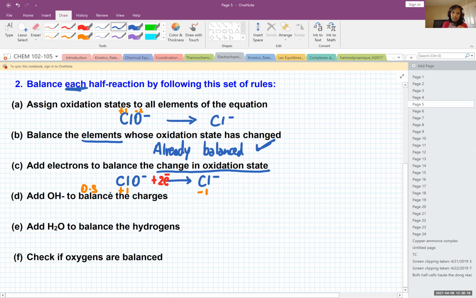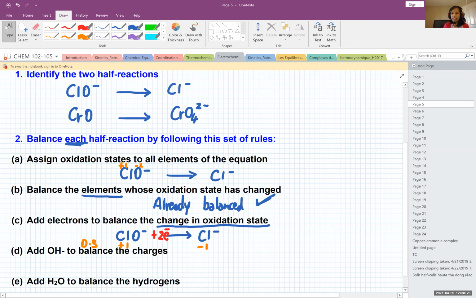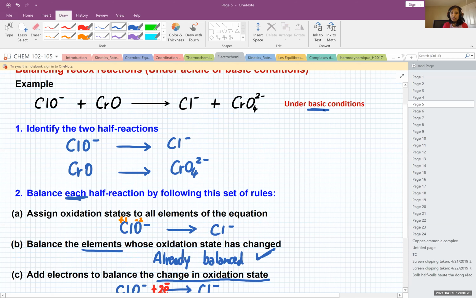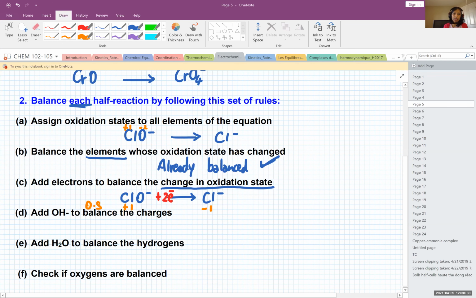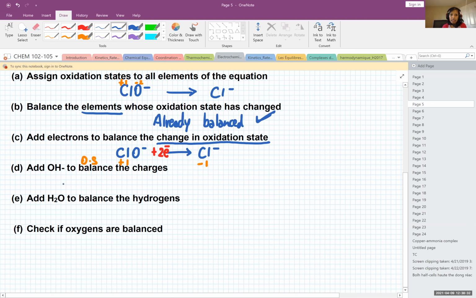As you can see, at first it looks like a lot, but when you practice, you will know what to do. Because this reaction is taking place under basic condition, we now need to add OH minus in order to balance the charges. So now I'll write it again.